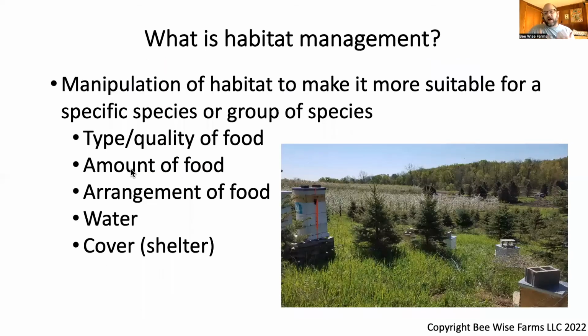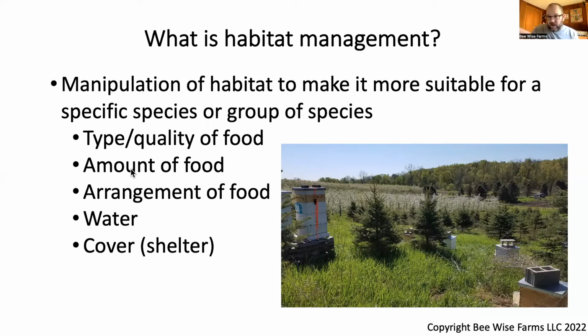Now, as far as what can you do, right, about habitat loss? Well, we can participate in something that is called habitat management. So what is habitat management? Habitat management is the manipulation of habitat to make it more suitable for a species or group of species.